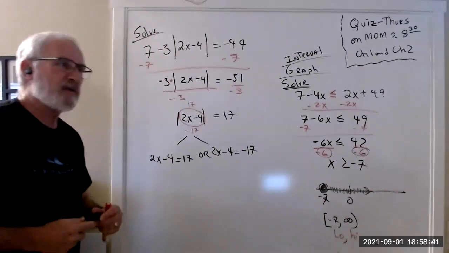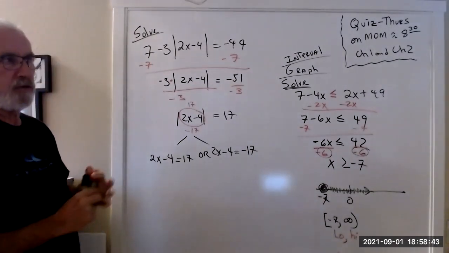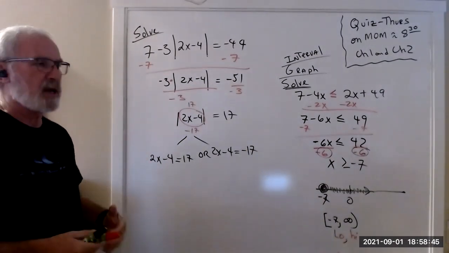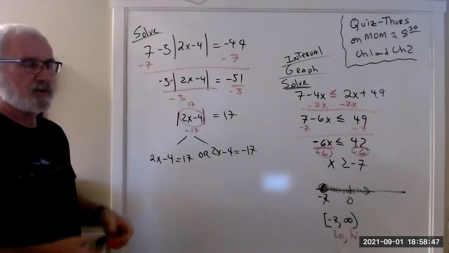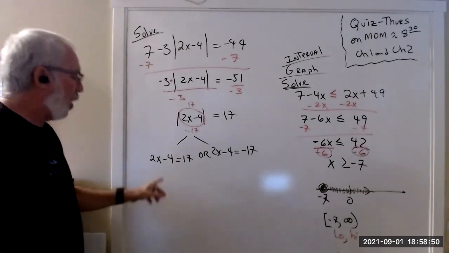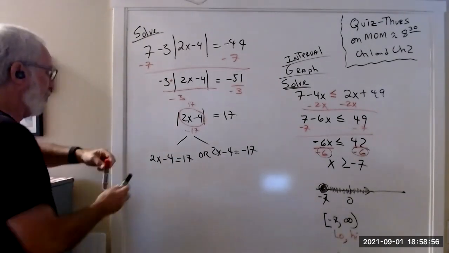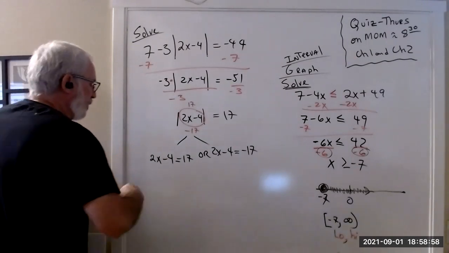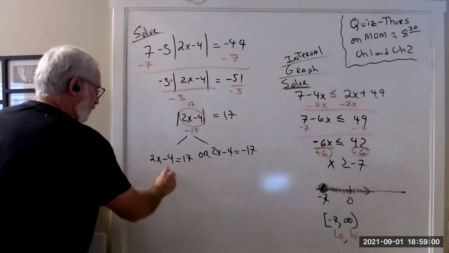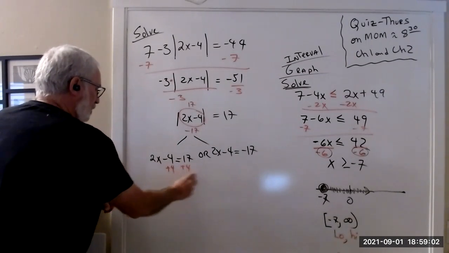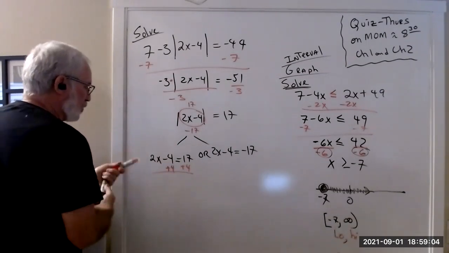An absolute value problem, 99.9999% of the time, there's always a trick somewhere, but it always splits into 2 different problems. Always. Okay, so I'm going to solve this problem. I'm going to add 4 to both sides and get 2x equals 21.